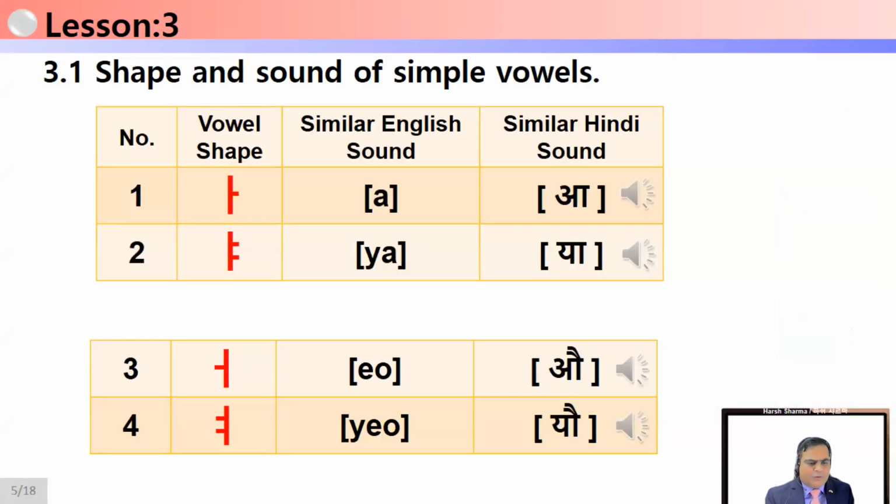Please keep your notebooks ready now. Write today's date and number 1. In this table, as you can see on your screen, there is a vowel shape. Number 1 vowel shape is one vertical line, and in the center towards the right side, there is a small horizontal line.